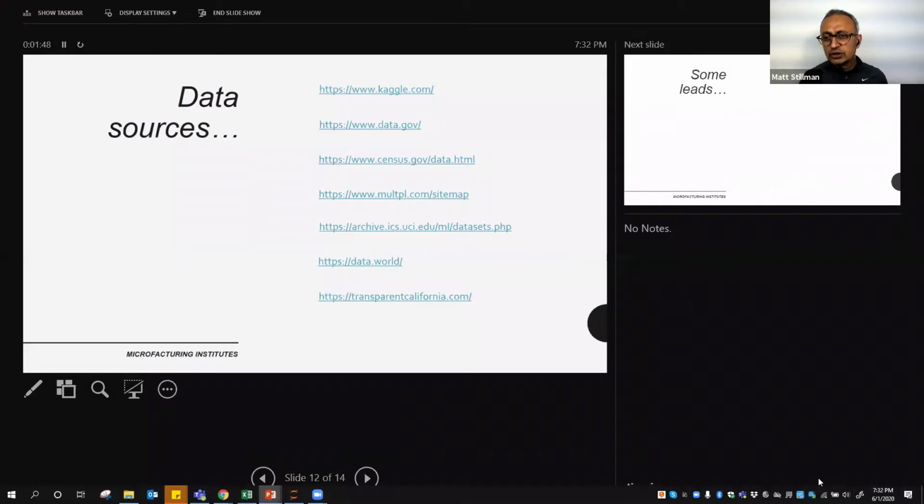And some of the sources, okay, Kaggle is, I'm not sure how many of you are familiar with Kaggle, but it used to be an independent company. It's acquired by Google now, right? So it's part of Google. You'll find a lot of data sources here. Data.gov is, of course, very rich. Sometimes you get lost in a lot of the data sets. So I would say ideal situation is if you are surrounded by something at work, even if it's a very simple data set, I think you don't have to have a lot of data.